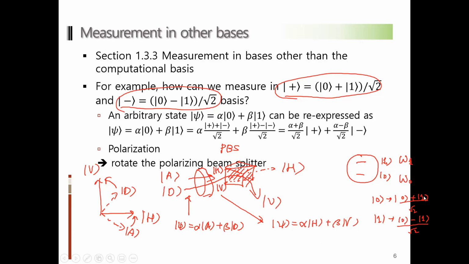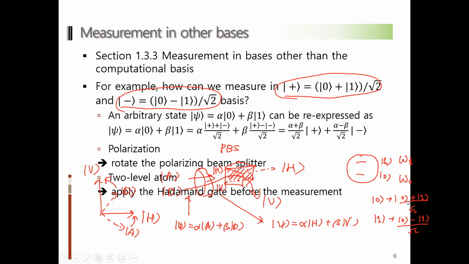measuring in this basis. So if you think about this situation, then with the application of the Rabi oscillation, or in more general terms, we can say that it is basically equivalent to applying the Hadamard gate before the measurement.